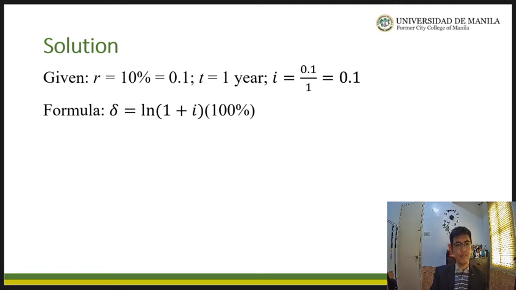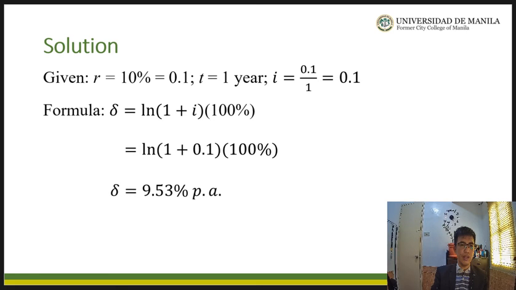Okay, so our formula is delta is equal to the natural logarithm of 1 plus i, times 100%, because we are talking about the interest. So plugging in everything, therefore the force of interest is 9.53% per annum.